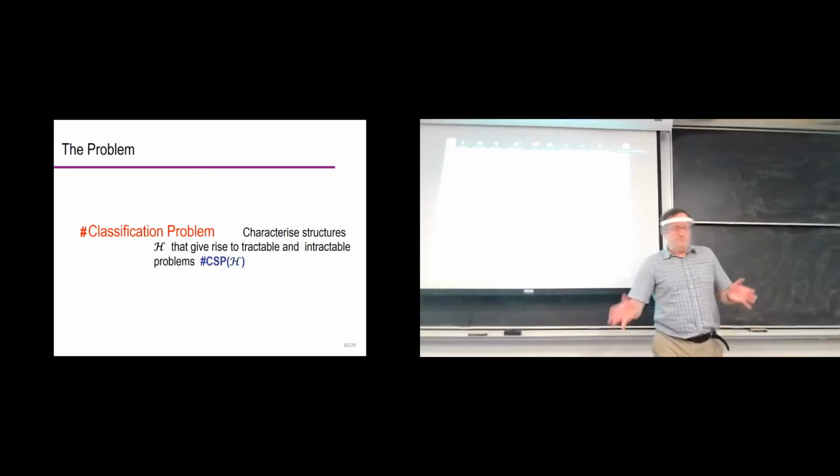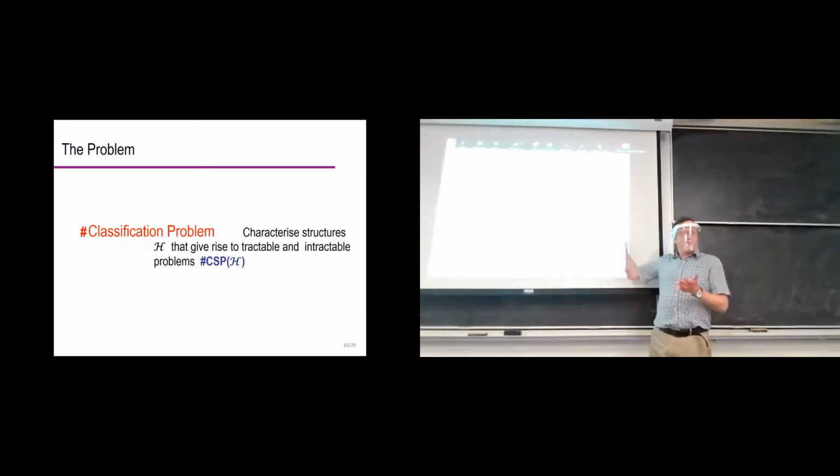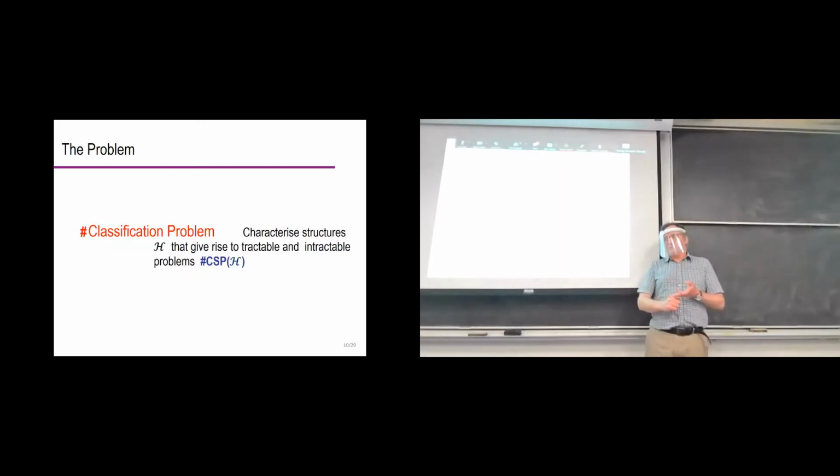So an interesting comment on such classification problems is that in the case of the CSP, one of the frequent shapes of results is something like this. I give you a special case of a CSP, right? Like, I don't know, say H coloring for some specific graph or diagram. And in many cases, it always happens so that it is either easy or it's as hard as possible. And there is nothing in between.